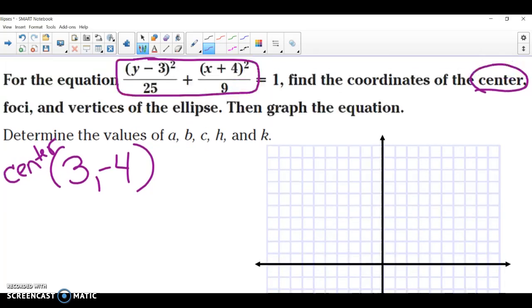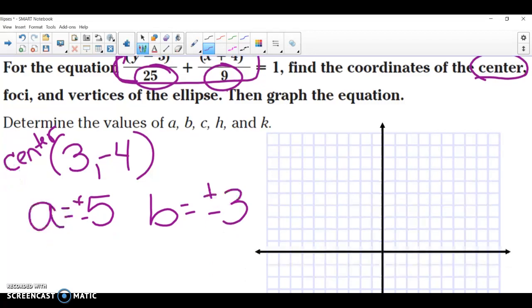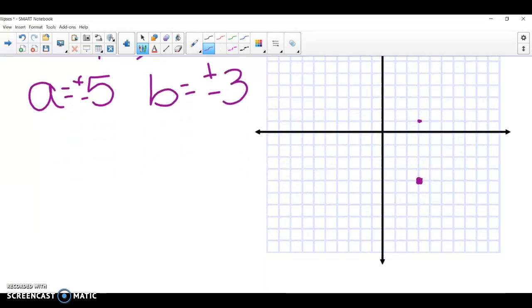And then really all you do is say, well, my major axis goes along the y. So A is equal to 5, or you could say plus or minus 5. And B is plus or minus 3. So we're going to go along the y-axis up 5, and down 5: 2, 3, 4, 5.